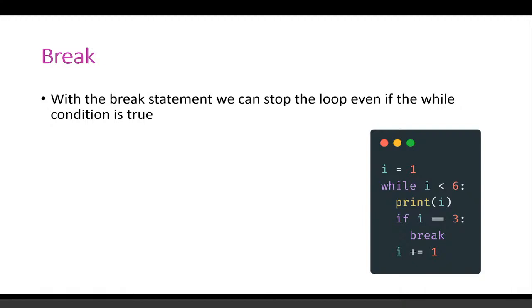It's not equal to 3, so you keep going, and i plus equals 1 makes i become 2. 2 is less than 6, so we print 2. 2 is not equal to 3. We add 1 to it, and then it becomes 3. 3 is less than 6. We print 3. But 3 is equal to 3, so the program would stop there. The while loop would stop there, and it would break.